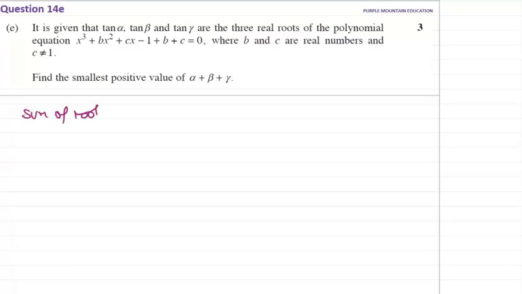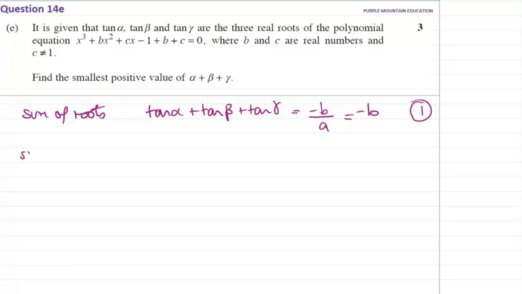Sum of roots, which is tan alpha plus tan beta plus tan gamma, and that equals minus b on a. In this context, I can see that a equals 1, so that just equals minus b. Let's call that equation 1.